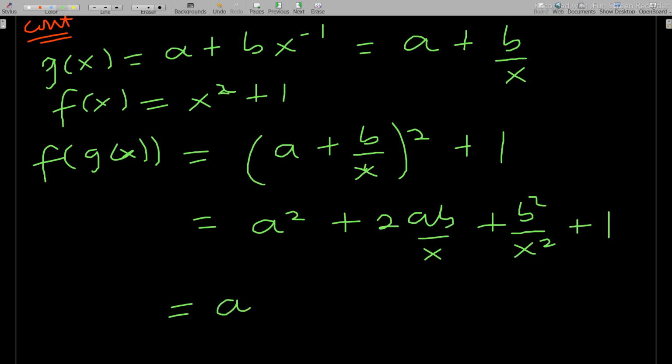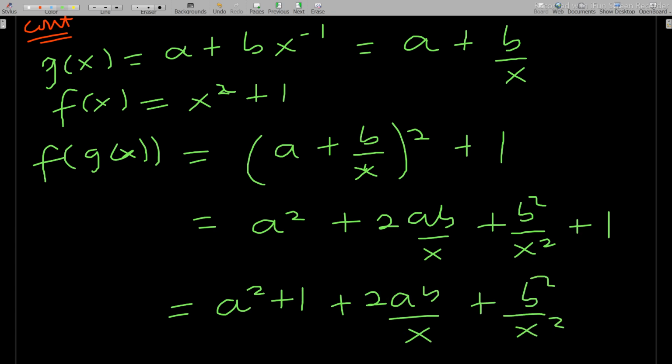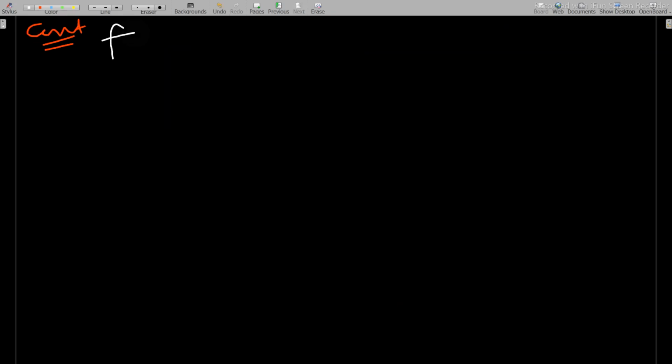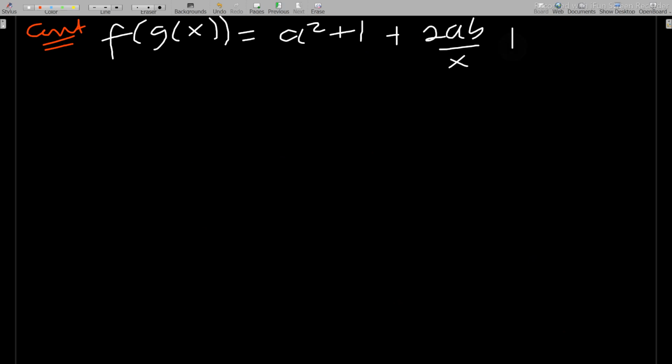And the whole of this will give me a squared plus 1 plus 2ab over x plus b squared over x squared. Okay, so that is f of g of x from our function.